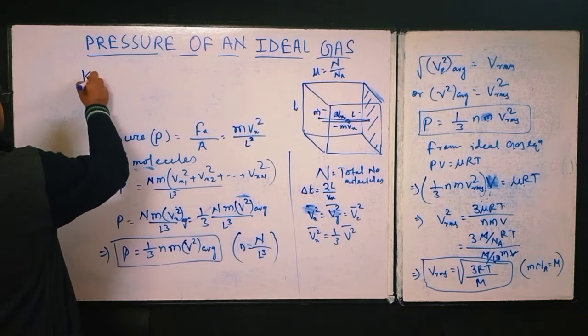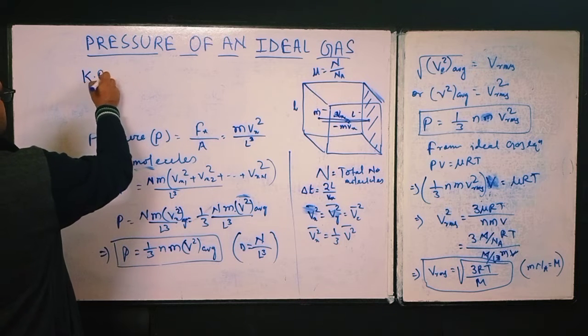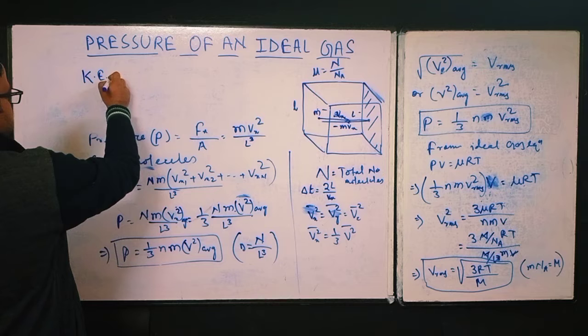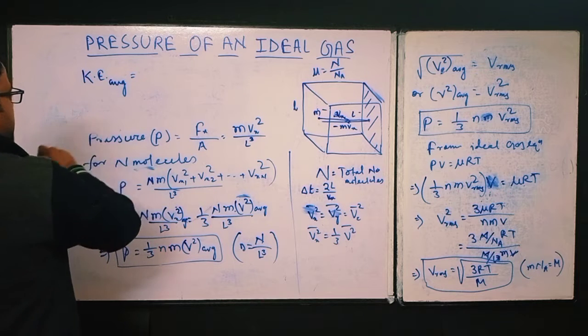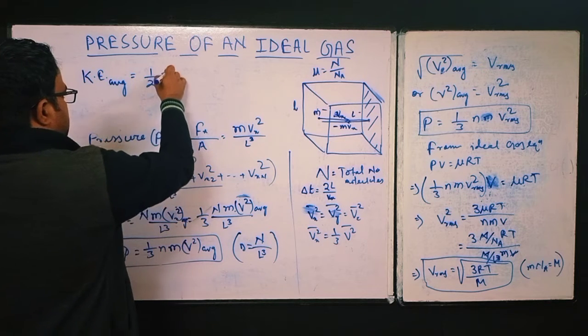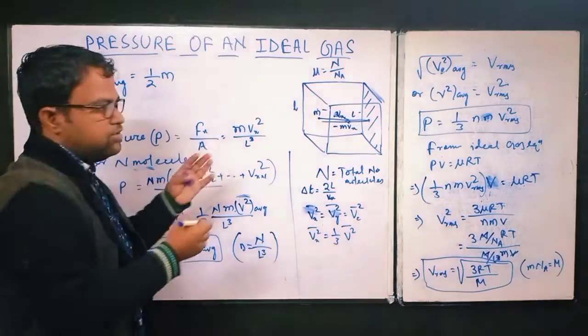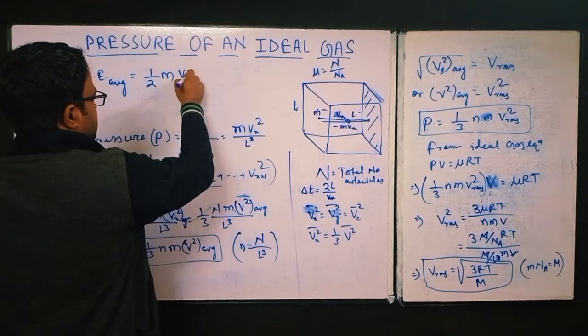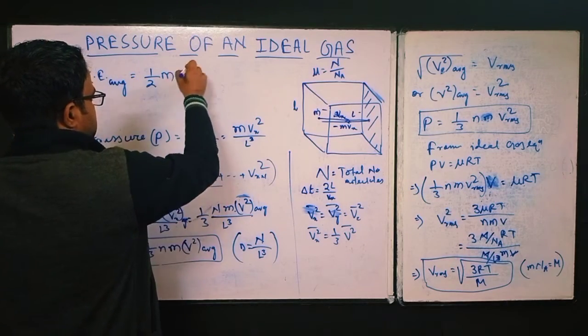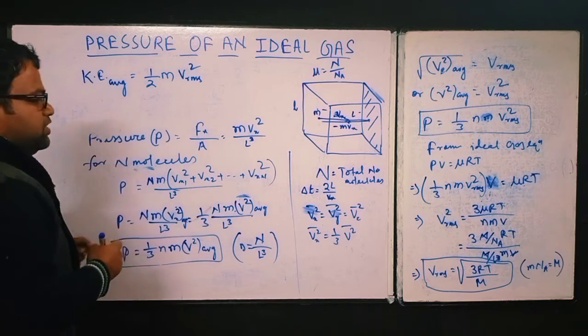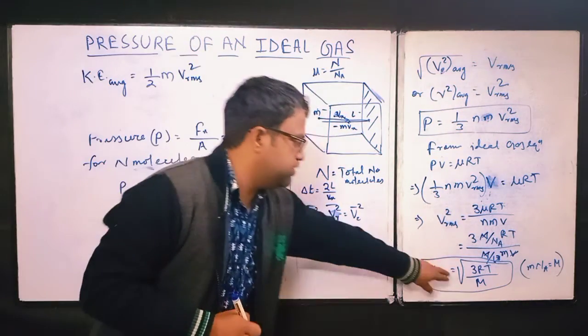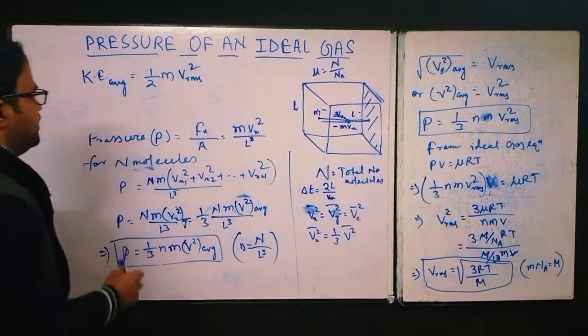So we can say the average kinetic energy of a molecule is half m, where m is the mass of that molecule, times V Rms square, half mv square.